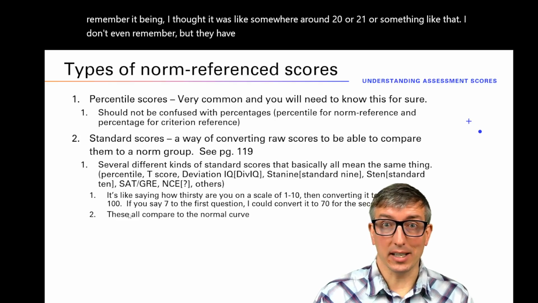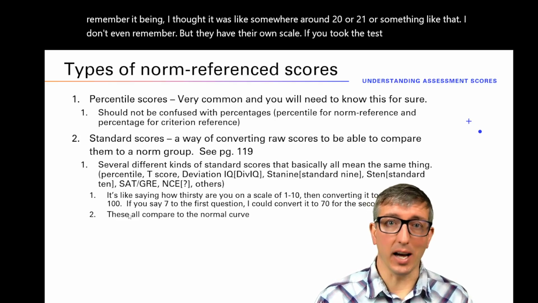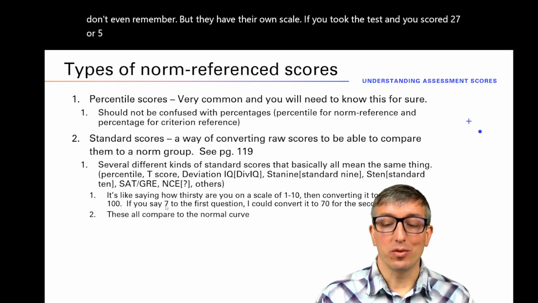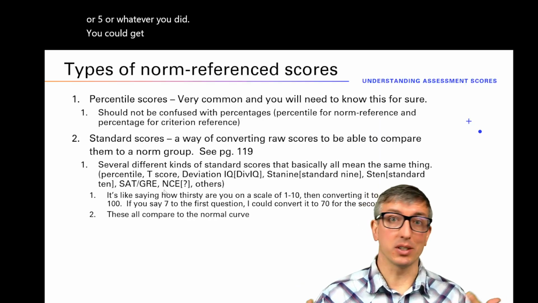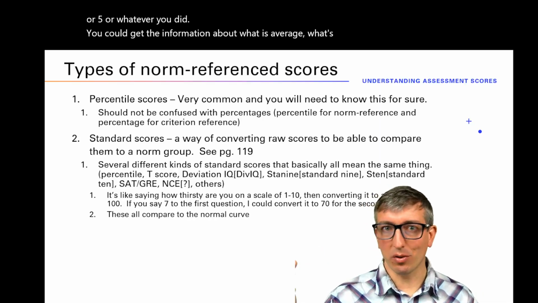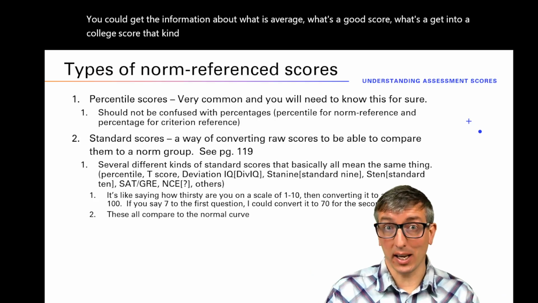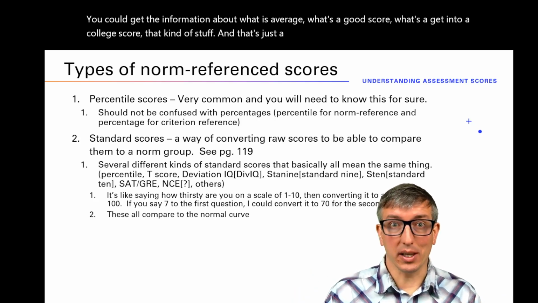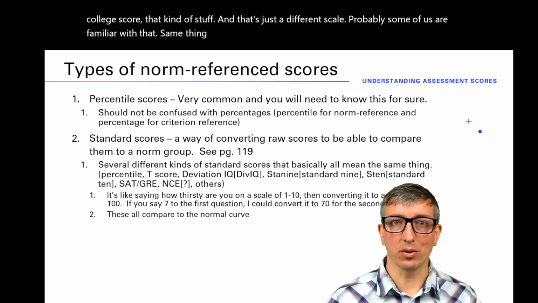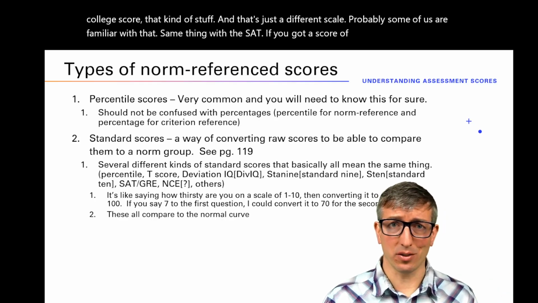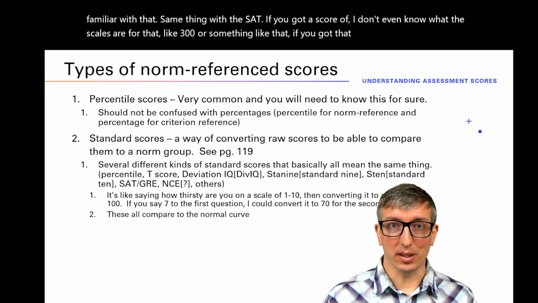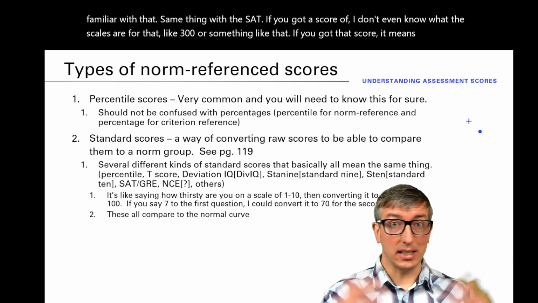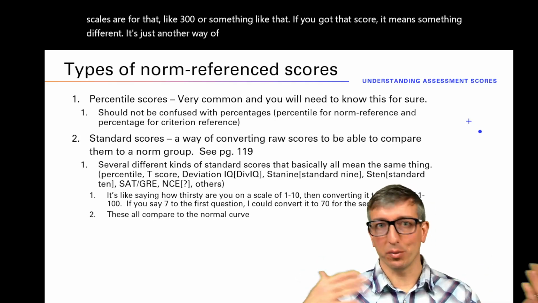If you took the test and you scored 27 or 5 or whatever you did, you could get the information about what is average, what's a good score, what's a get-into-a-college score, that kind of stuff. And that's just a different scale. Probably some of us are familiar with that. Same thing with the SAT. If you got a score of, I don't even know what the scales are for that, like 300 or something like that, it means something different. It's just another way of seeing information and how you compare to other people.